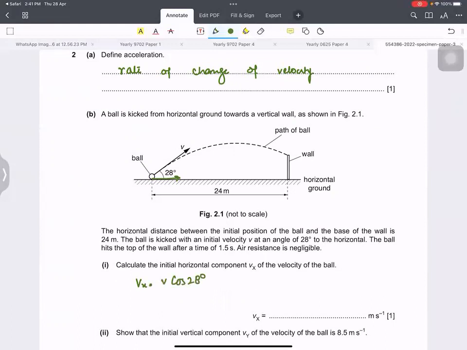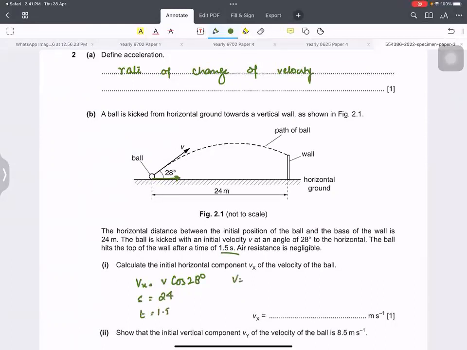Do we have P? So it says it hits the top of the wall at time this, fine. So S is 24, horizontal, right? And time is 1.5.